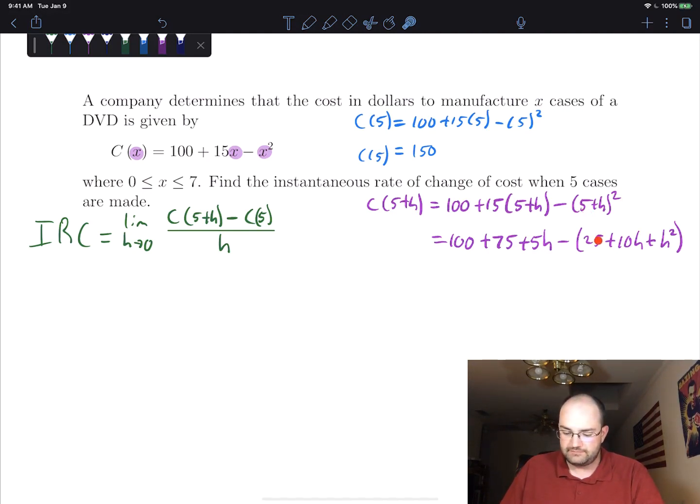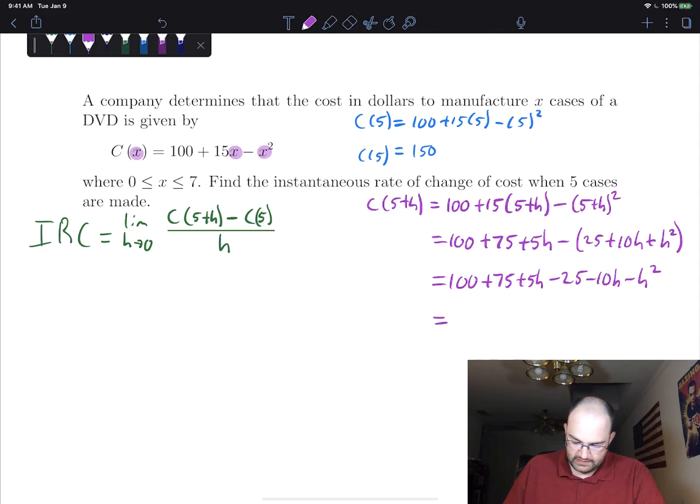Notice you square the 5, you square the h, multiply these two together, 5 times h is 5h, and double that makes 10h. So it's 25 plus 10h plus h squared. And then distribute the negative. So that gives us 100 plus 75 plus 5h minus 25 minus 10h minus h squared.